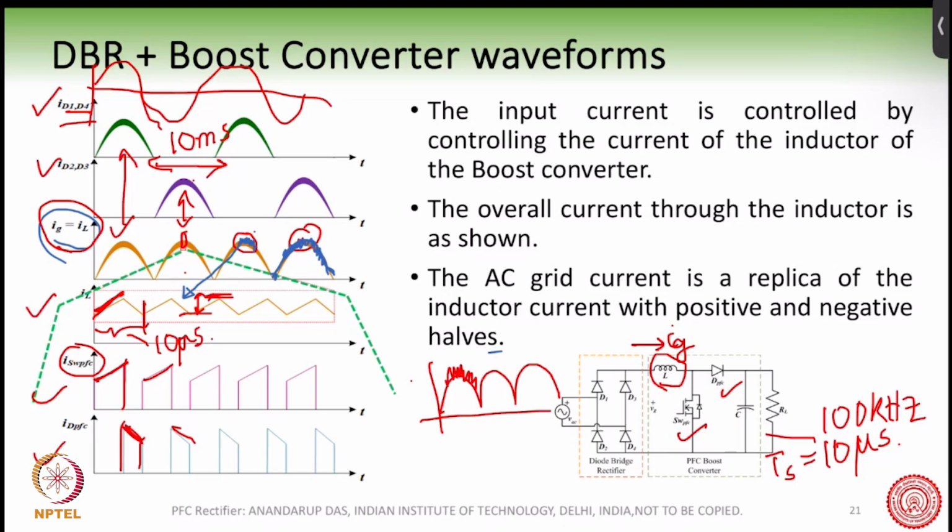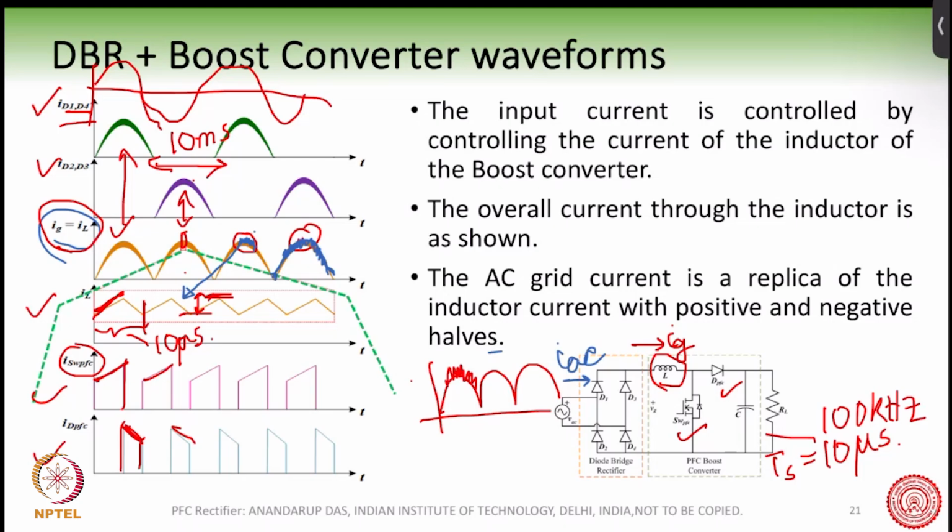One thing that you have to observe is we can ensure unity power factor operation, because the current is starting from zero, and we can synchronize it with the input voltage. Of course, it has a band of current, but the band can be very limited. So we will be able to make sure that this current IAC, which is flowing, is the replica of IG with a negative sign.